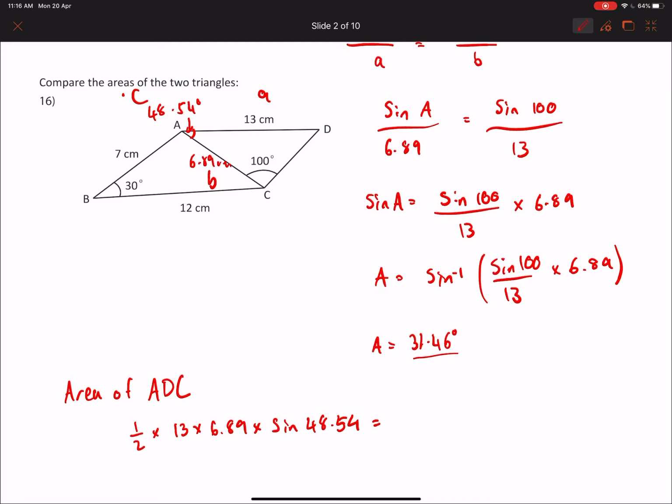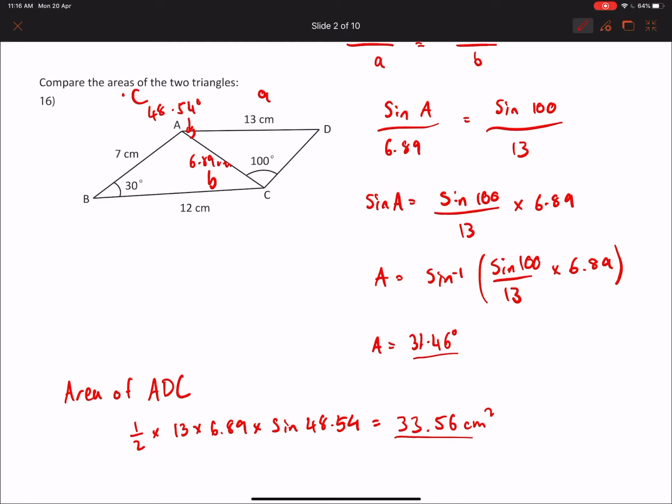Again, I'm going to just quickly do this on my calculator. An area of 33.56 centimetres squared. Okay, so that is my area of ADC.